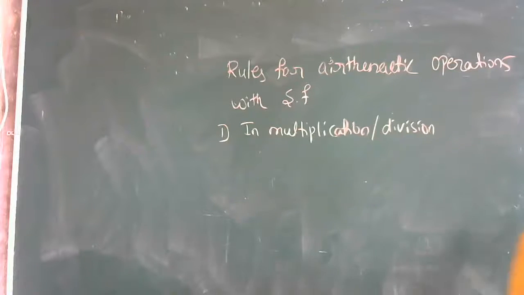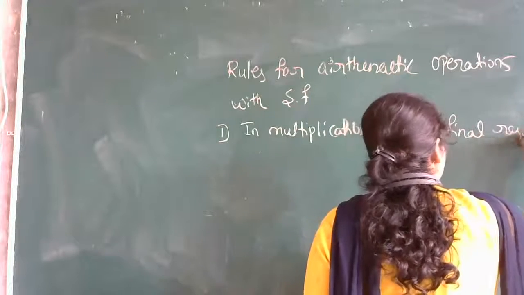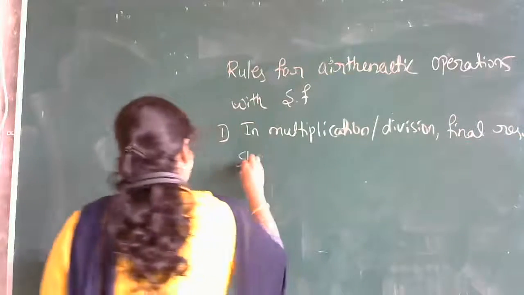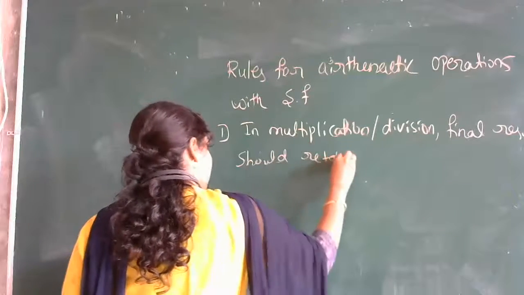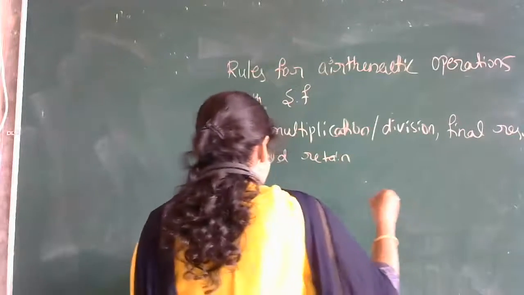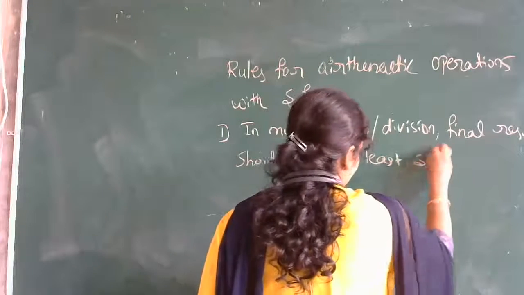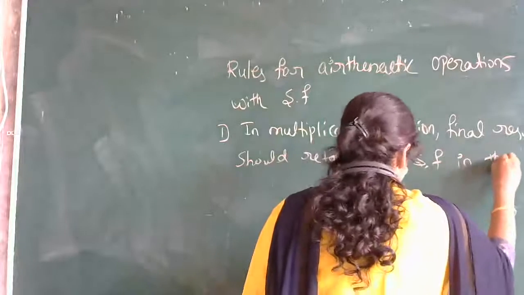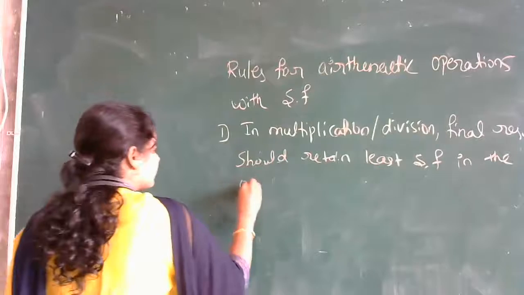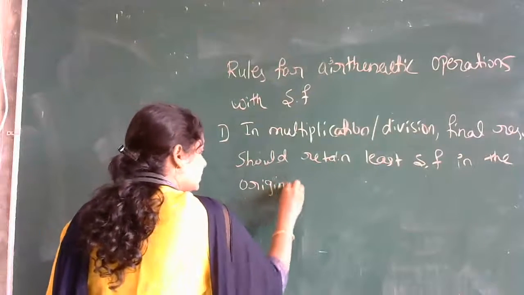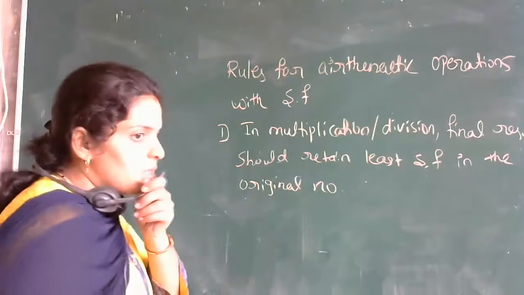The final result in multiplication or division should retain the least significant figures in the original number.